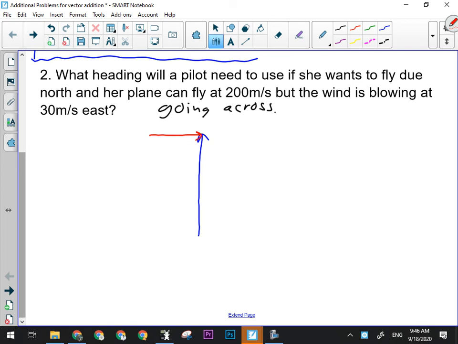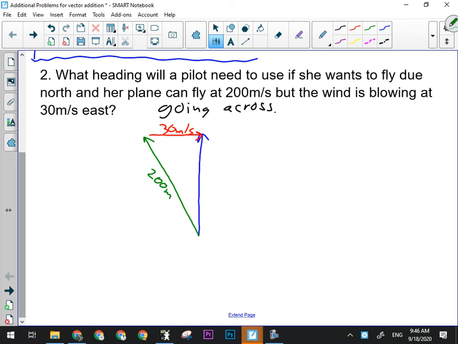So I've drawn my wind here, 30 meters per second, okay? My plane can fly at 200 meters per second, and I need to aim into the wind so that I end up doing this.